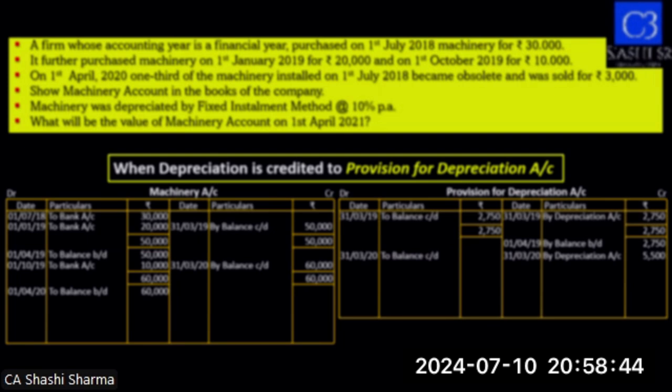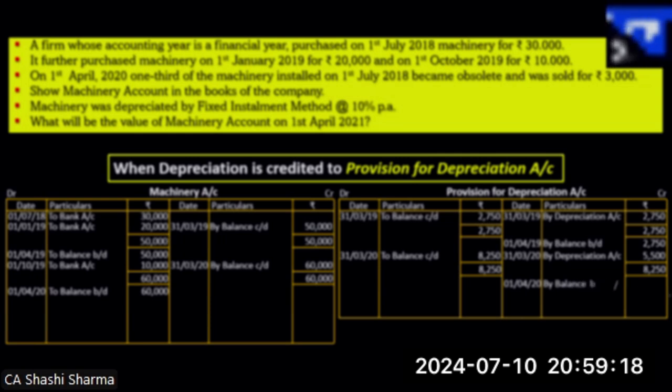Both the years depreciation will get accumulated. So there is another name for this account also. Since all the depreciation of different years are getting accumulated in this account, it is also known as accumulated depreciation account. So the balance CD will be 8250. In the third year, balance BD will be 8250.